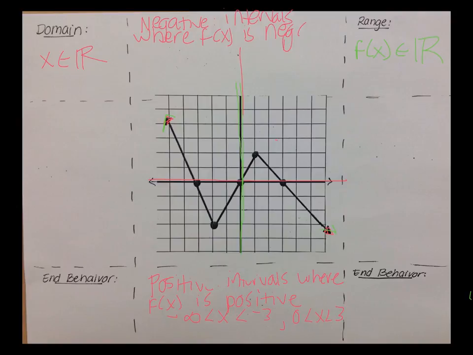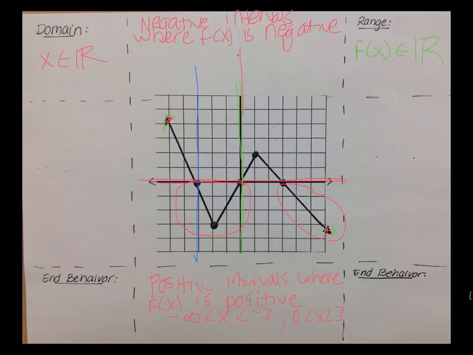So we're trying to see where is this function negative. And so again, our x-axis is the cutoff point. This chunk right here is negative, and this chunk right here is negative. But again, when we describe it, we're going to be looking at the x values.